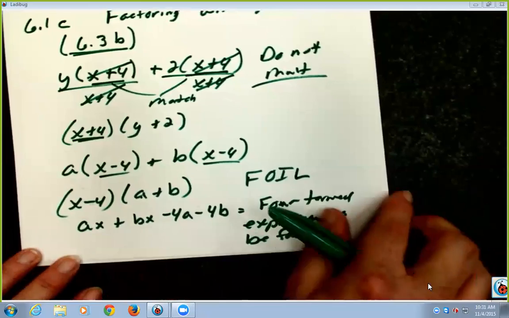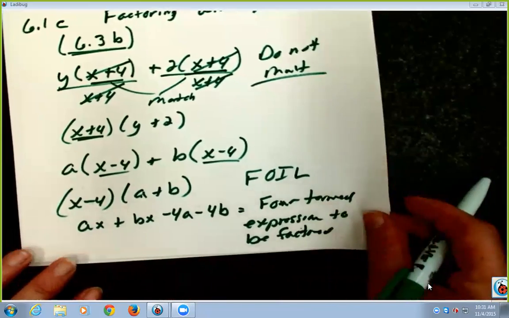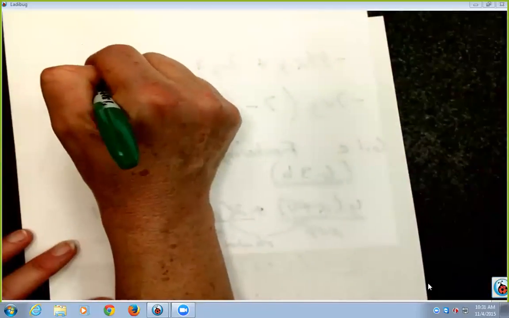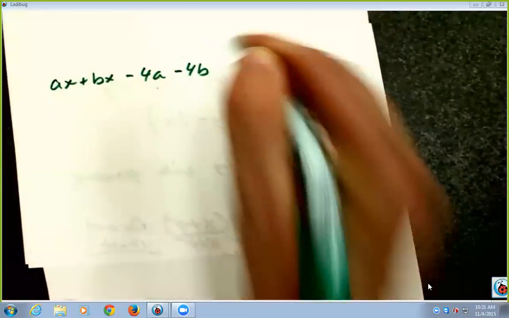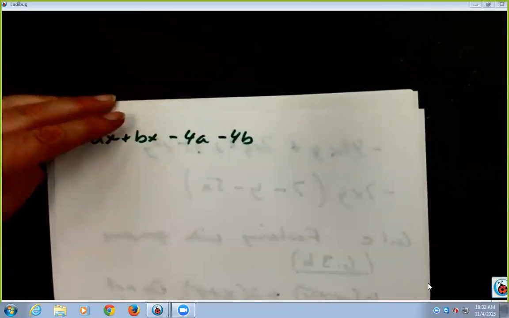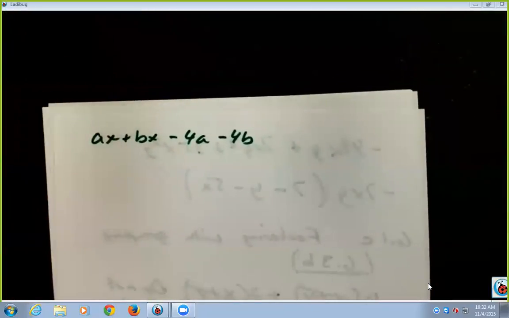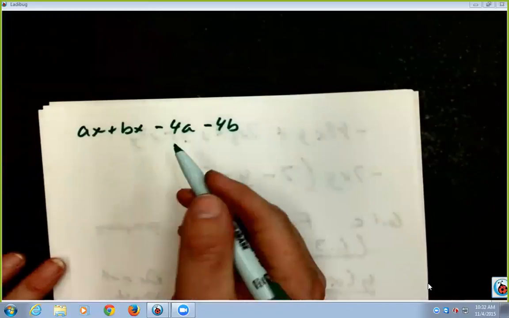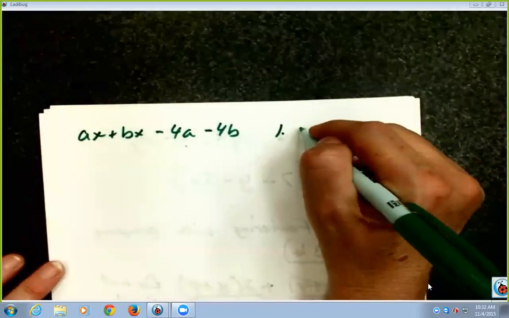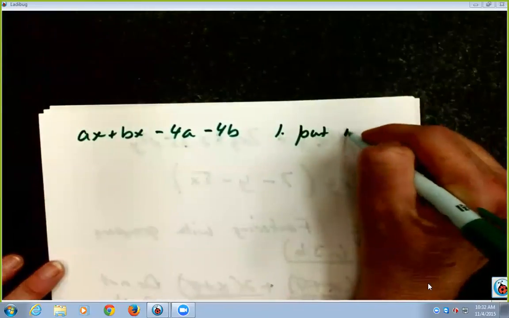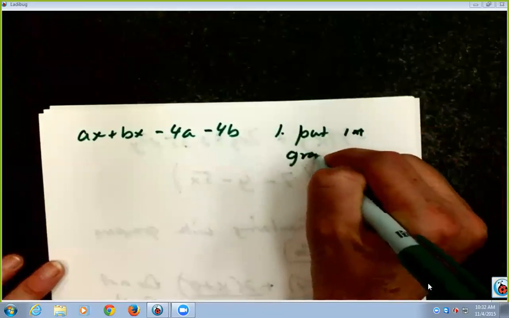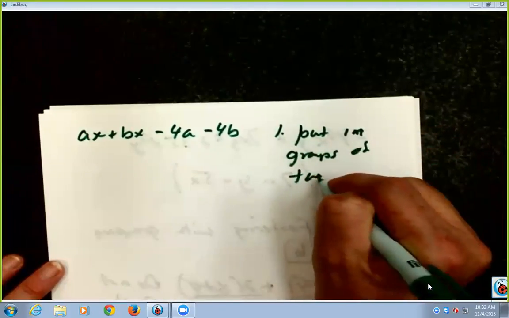So to factor this one, let me get it written over here. Ax plus bx minus 4a minus 4b. If I want to factor this, if that's what I started with, we know it's not that, but if I wanted to break it back apart, what I would do is put it in groups of 2.